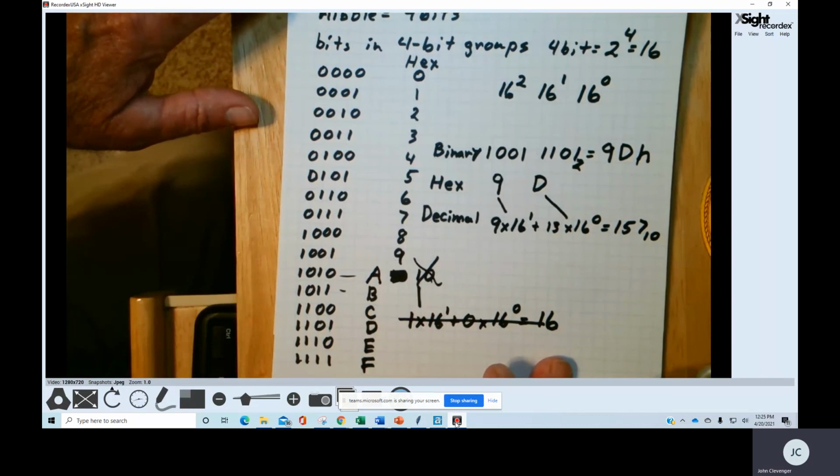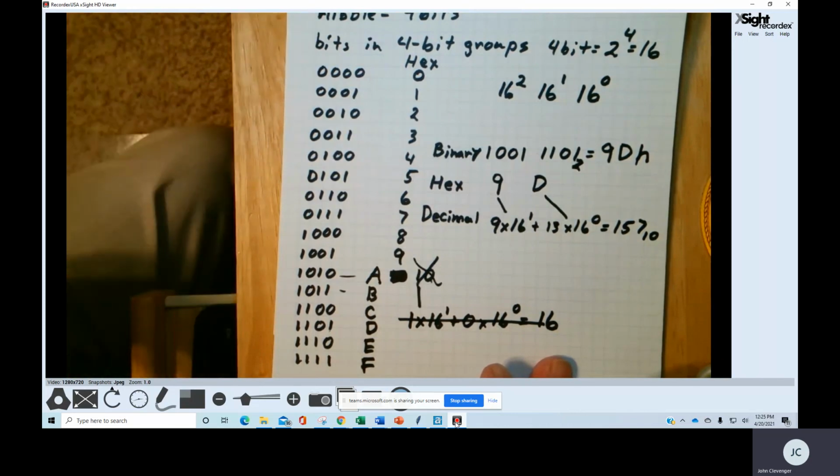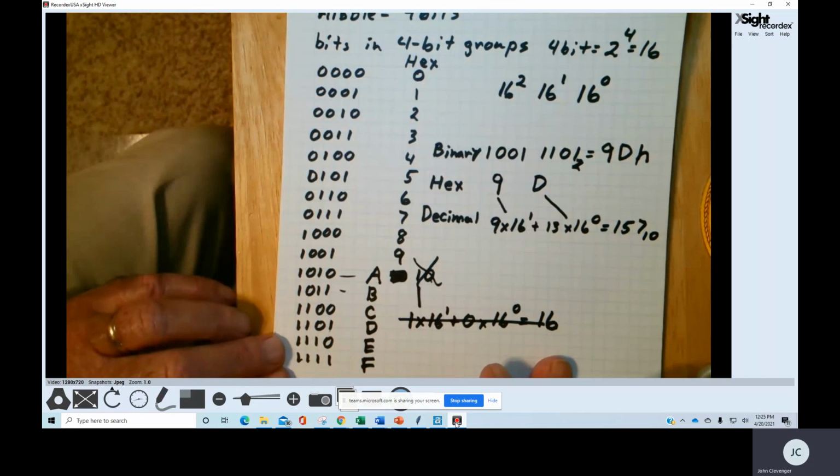And again, it's easier to record these values using the hexadecimal numbering system rather than the binary numbering system when we have 8 bits or 16 bits or 32 bits or 64 bits.